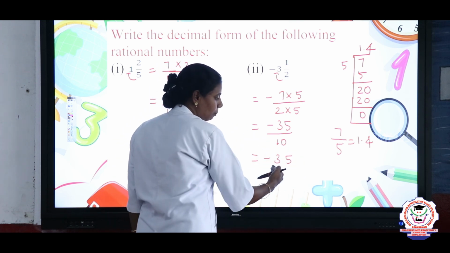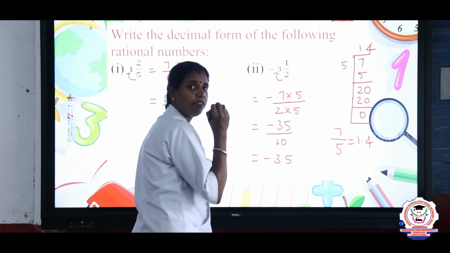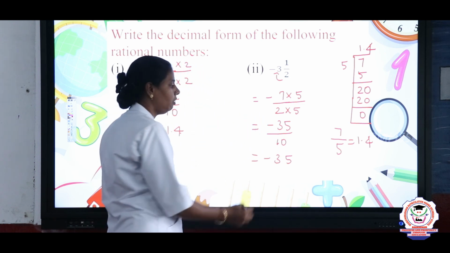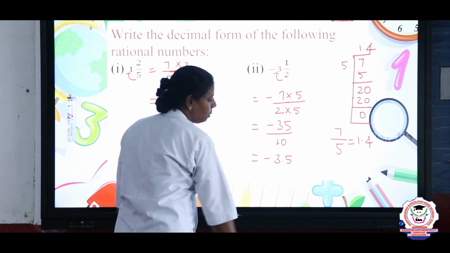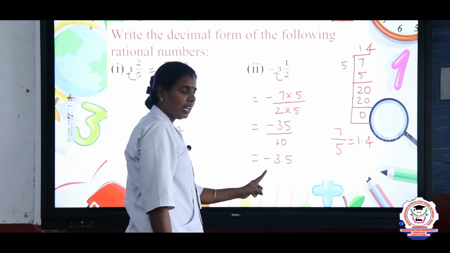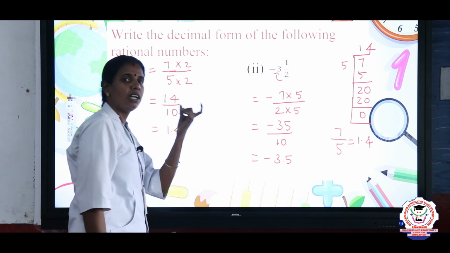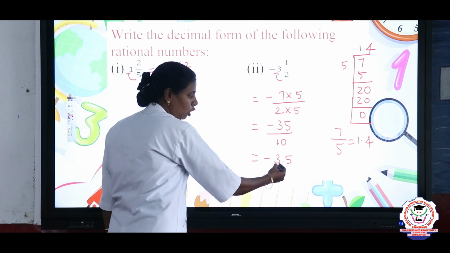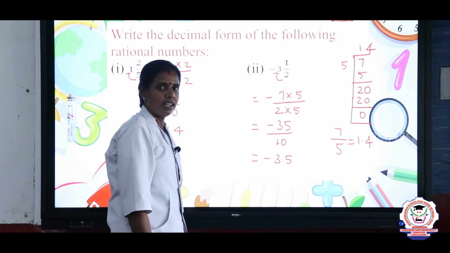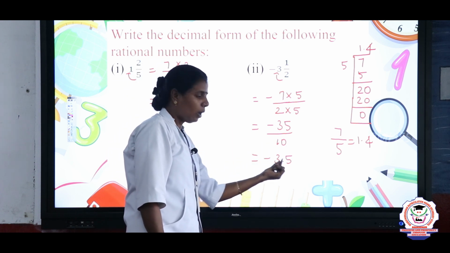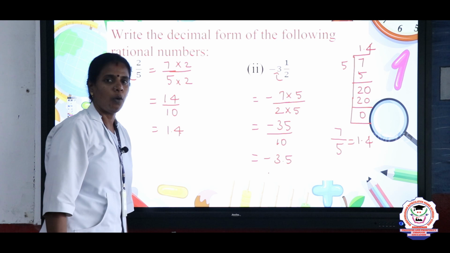From the right side of the number we are going to move one place and we need to keep a decimal point. So after one place if I keep the point, the answer will be minus 3.5. When the denominator is 100 or 1000, for 100 we need to move 2 places from the right side. Is it clear? So for 10, after one place we kept a point here.